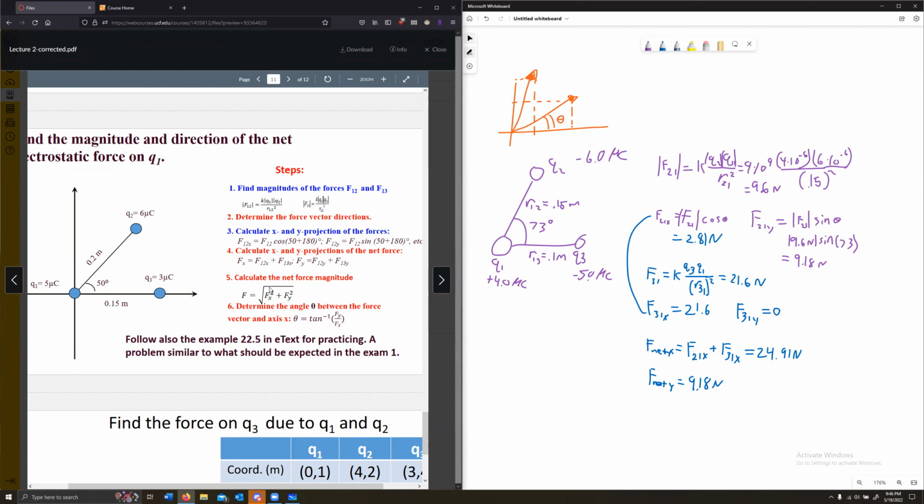To calculate the net force magnitude, you take these net forces right here and do the square root of the sum of their squares, and that gives you the net magnitude force.